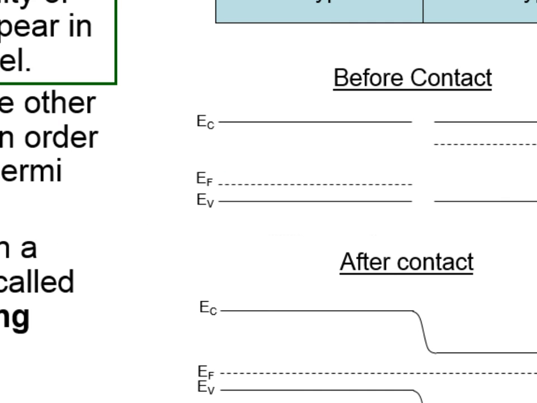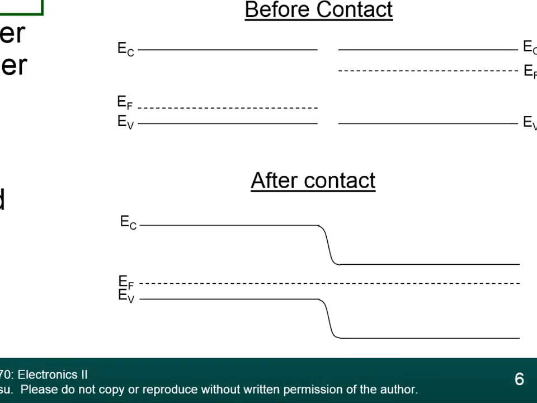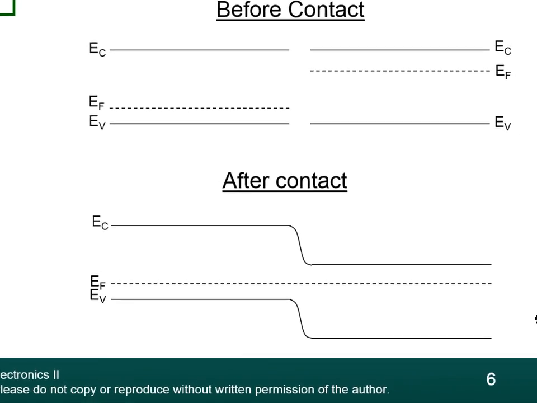What happens instead is that the bands bend around the Fermi level. If you could imagine taking this and lining up the Fermi levels, if you were to line up EF and EF here, the band diagram would look something like this, and then you connect Ec together and you connect Ev together.